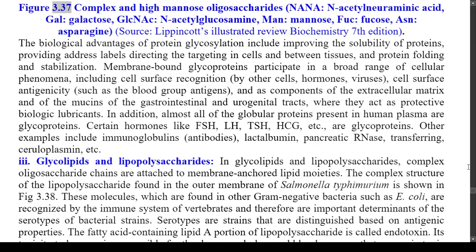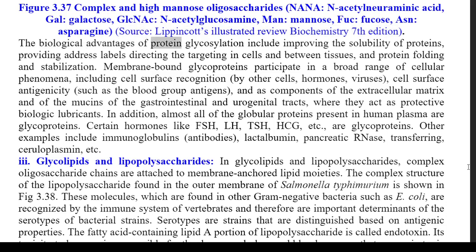Figure 3.37 Complex and high-mannose oligosaccharides. NANA, N-acetylneuraminic acid; GAL, galactose; GLCNAC, N-acetylglucosamine; MAN, mannose; fucose; ASN, asparagine. Source: Lippincott's Illustrated Review Biochemistry, 7th edition.